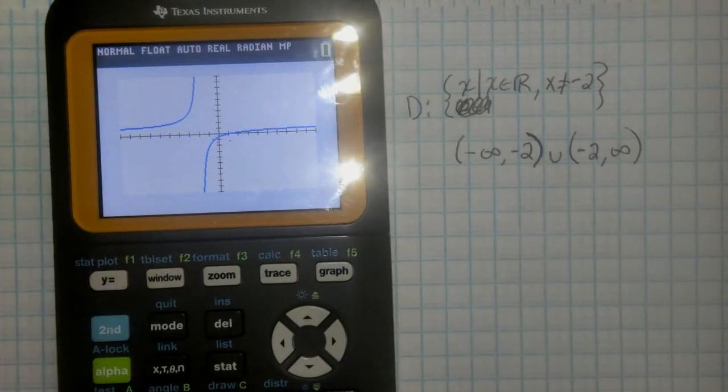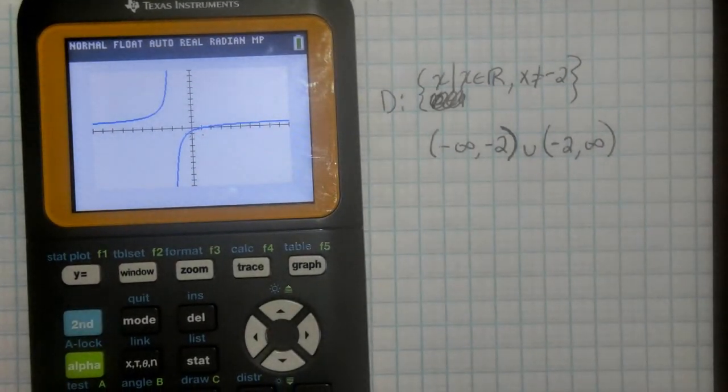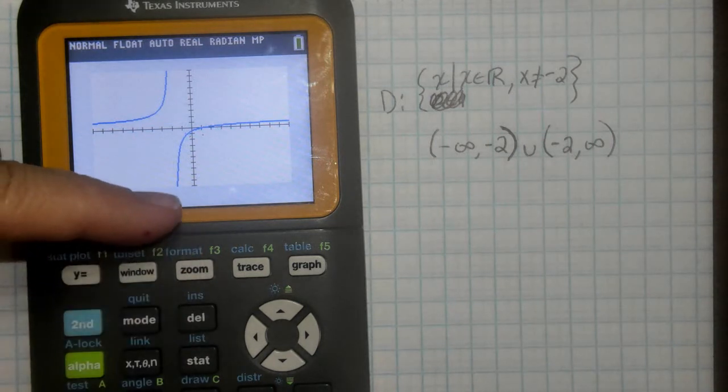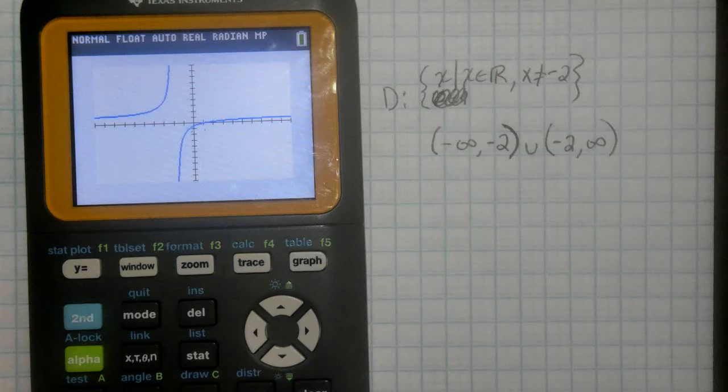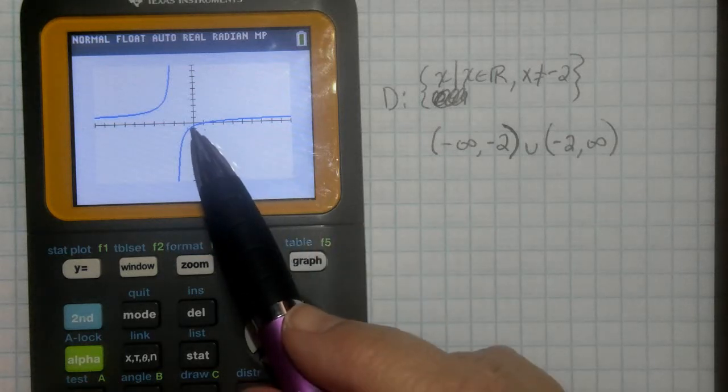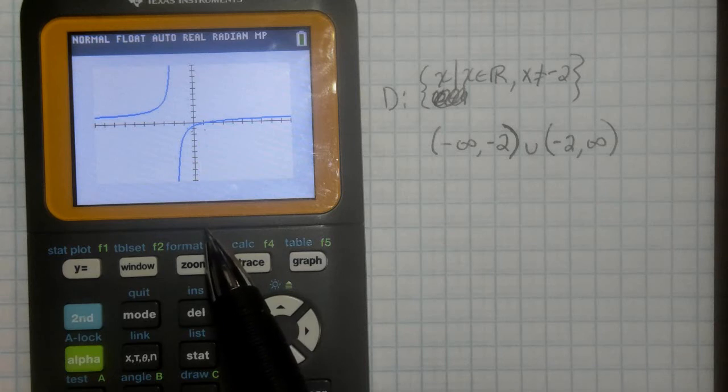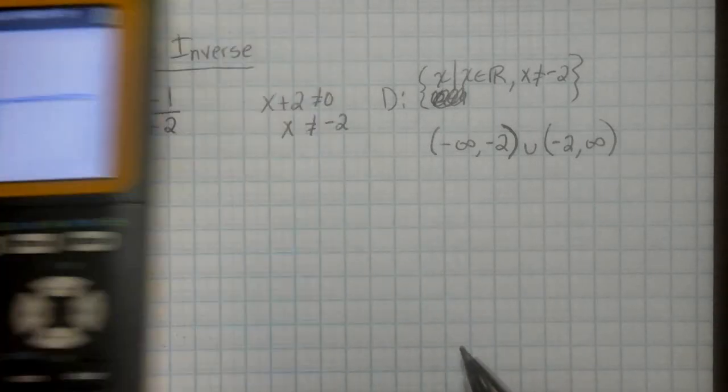All right, what about the range for this function? Look at the range going from bottom to top. Is there a break in the range? What y value does this function never equal? 1.